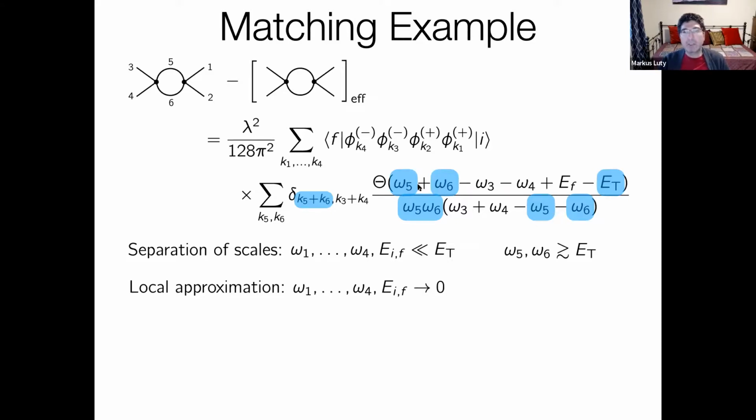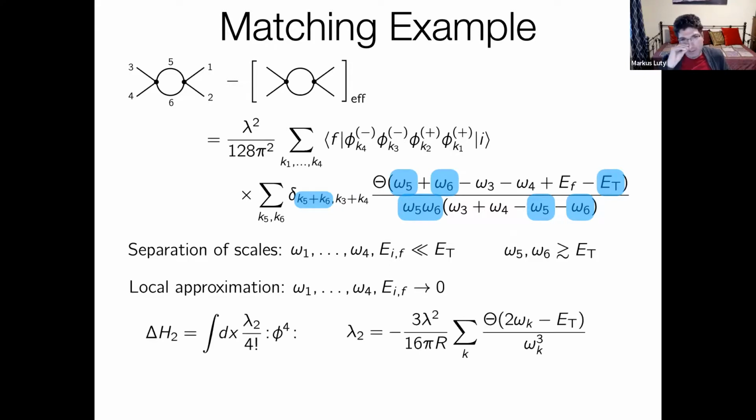So these omega 5 and omega 6 are large, and then all these things that are not in blue, I can just expand in powers of them. So this is the usual thing we do in effective field theory. We just expand in the IR scales, okay? And the leading approximation for that is just we set all the IR scales to 0. That's the local approximation. When we do that, we get a local result, okay?